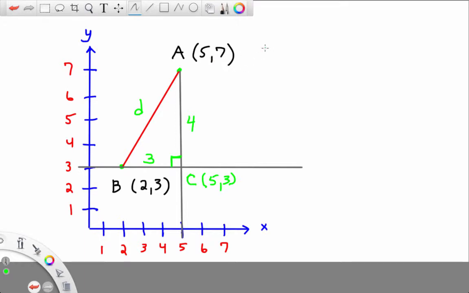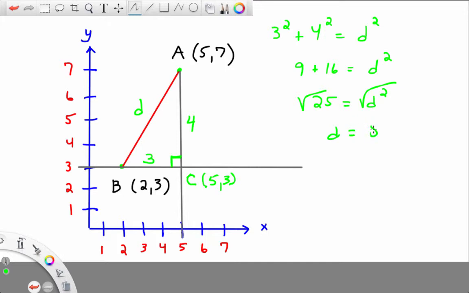Now we just use the Pythagorean theorem to find D. We take 3 squared plus 4 squared equals D squared. 3 squared is 9, 4 squared is 16. 9 plus 16 is 25. Taking the square root of both sides, D equals 5. So now we found the distance between A and B.